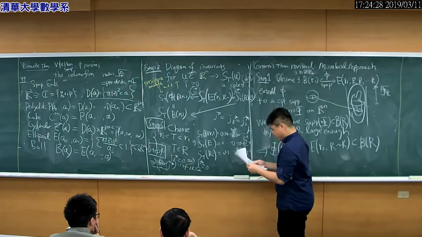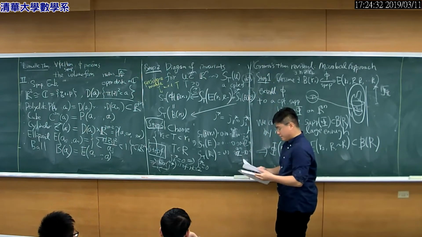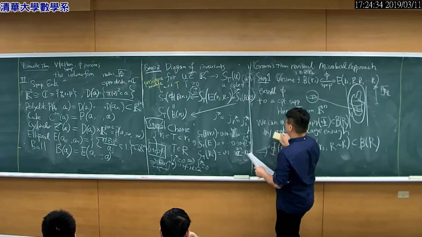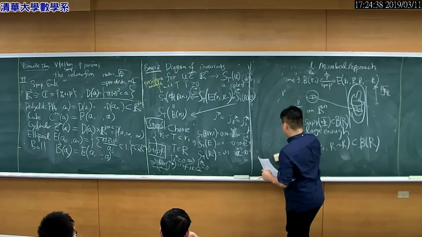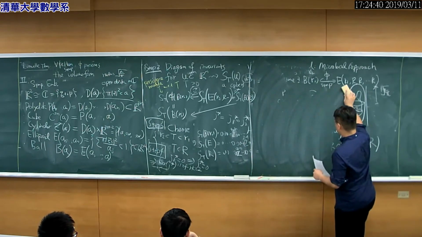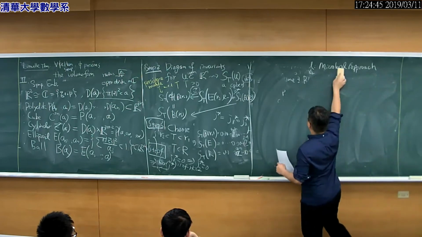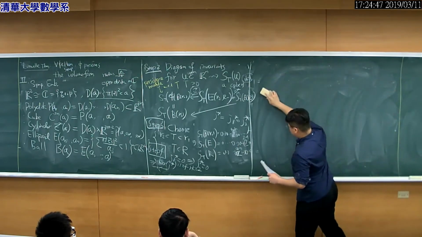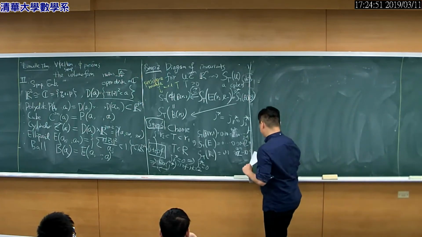So I'm going to give you a bunch of interesting phenomena. This is the final structure of the embedding problem, and so far we only know such final structure in dimension 4. Why is it called micro-local?